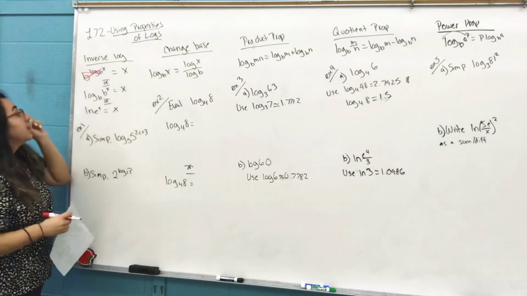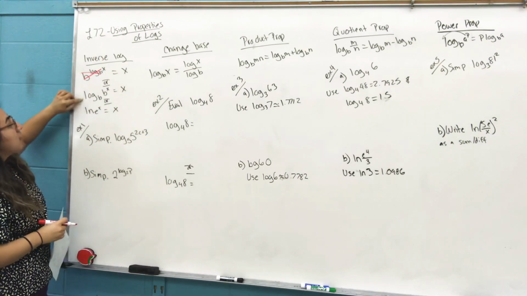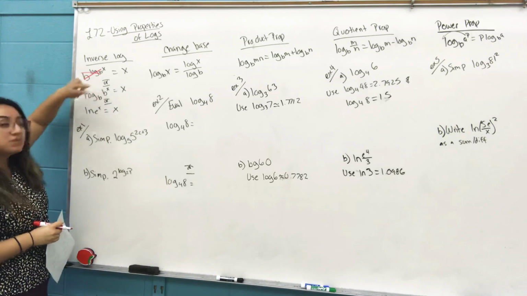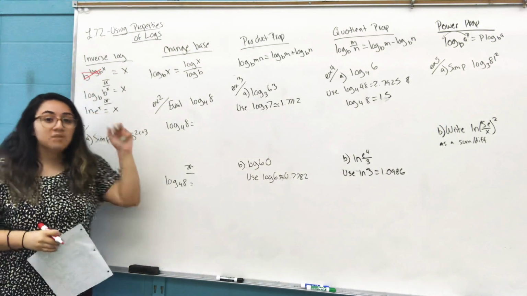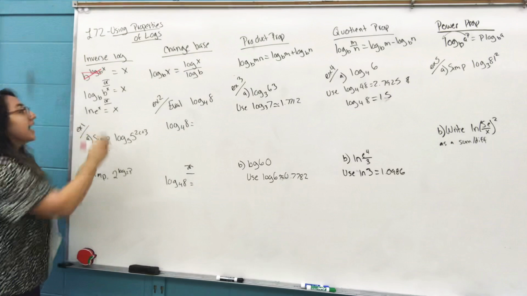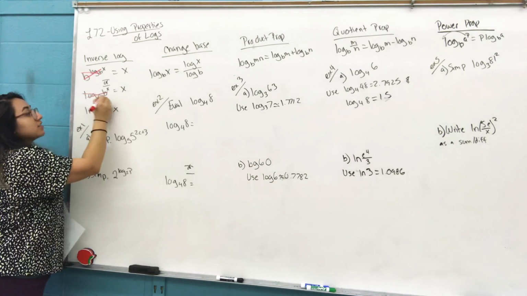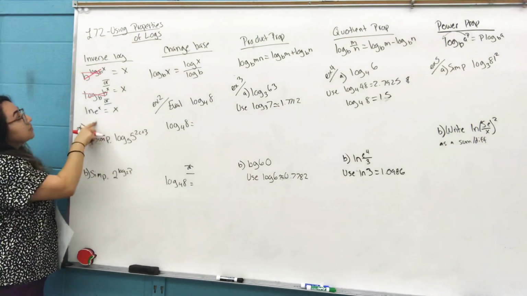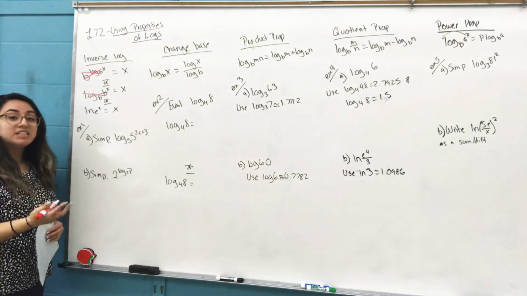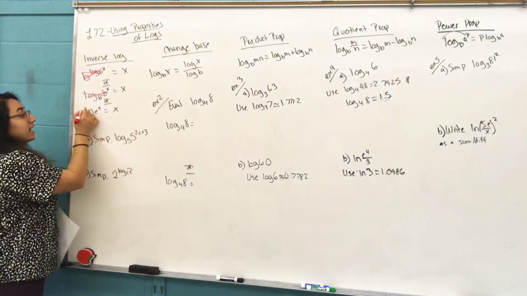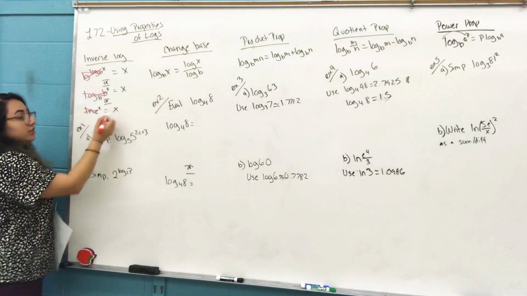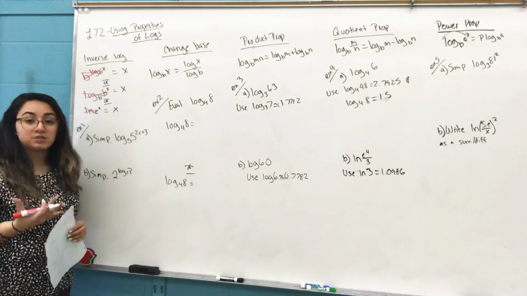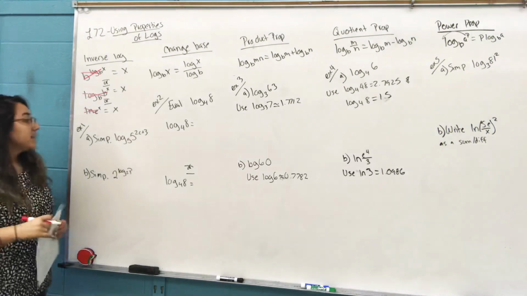Or another way to have it, log base b of b to the x, where the two numbers are right next to each other. So log base 3 of 3 to the x power, these cancel out and you're just left with an x. And also for this, the natural log of e to the x power, the natural log and e cancel out and you're left with your exponent, and that would be your solution. So you're going to use that later on.